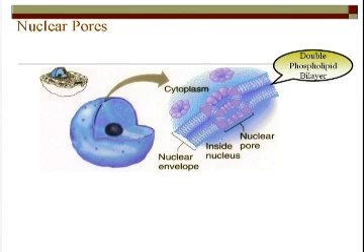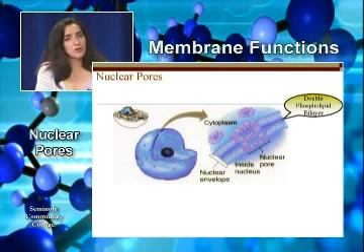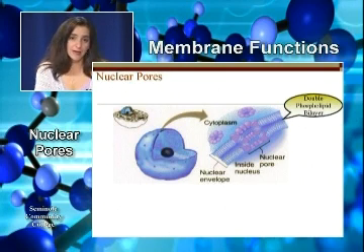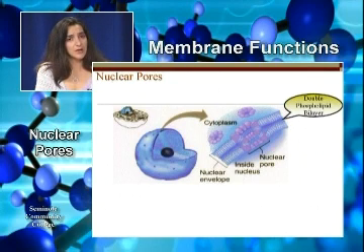These nuclear pores are the way that molecules are transported in and out of our nucleus. There are no transport proteins inside this membrane. That's why these pores are so important. For proteins to get inside the nucleus and for RNA to leave the nucleus, we must have these pores available.